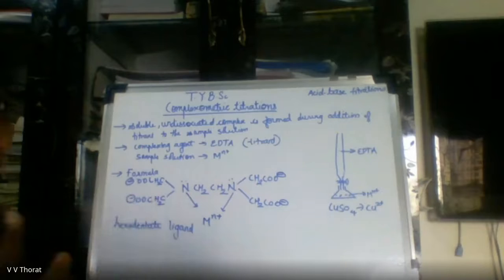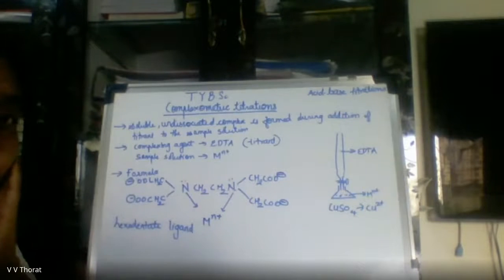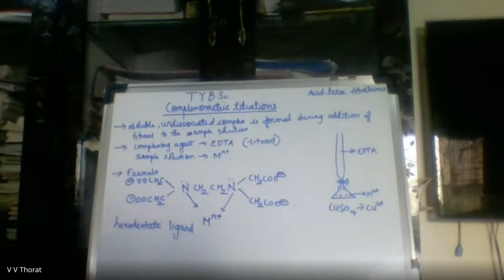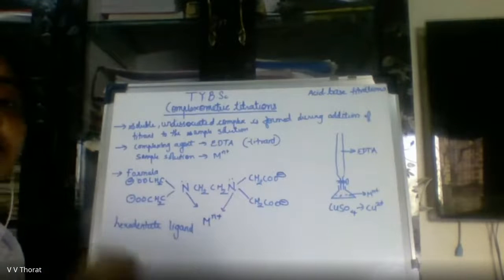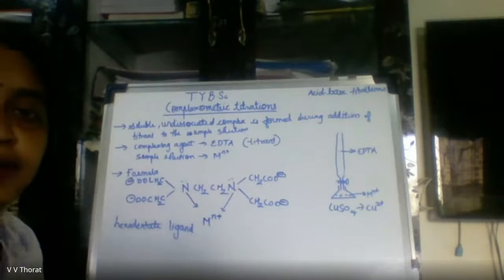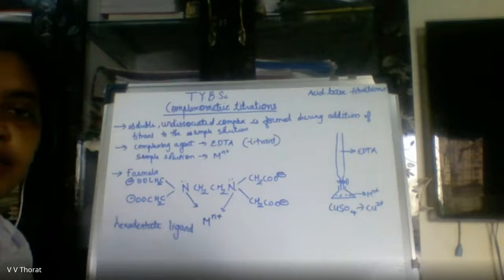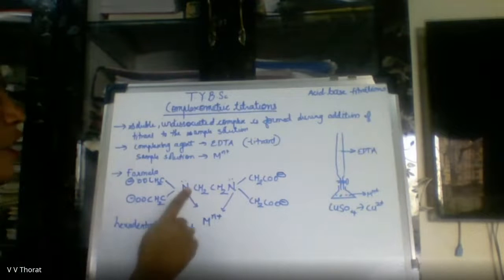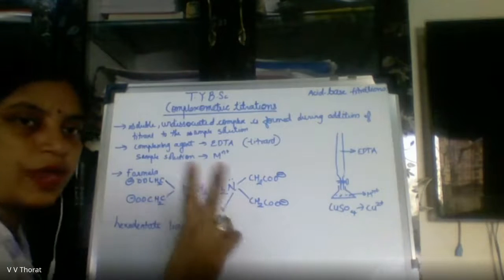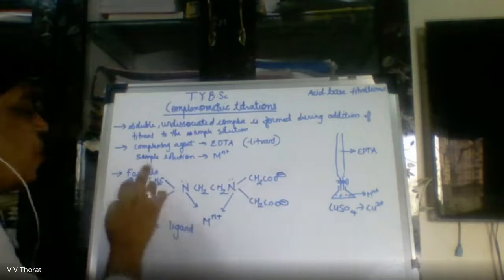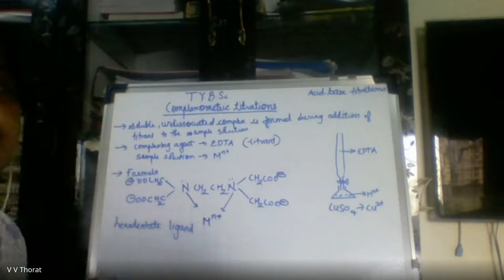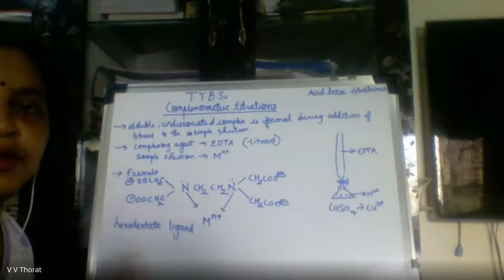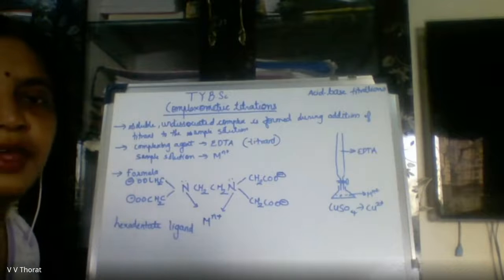Four oxygen. No, it will coordinate through... Akansha, tell. Ma'am, nitrogen. Now it will coordinate through dash number of atoms. It will coordinate through six atoms. How? These two nitrogen atoms and these four oxygen atoms. This is the first objective question. Soni, please repeat.